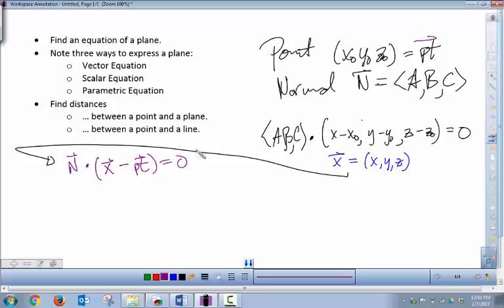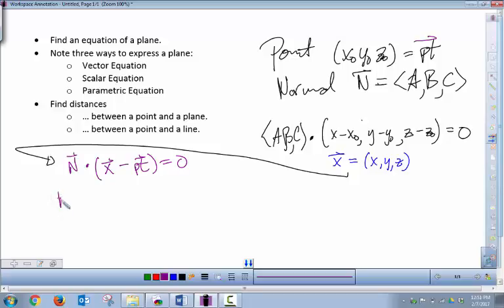If we distribute the n, we can do one of two things. We can distribute the n and leave it like that, or distribute the n and then separate these into two different components.